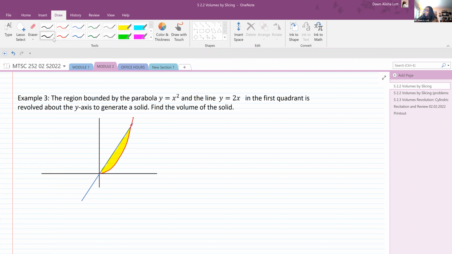It says this region in the first quadrant, so I only know that they want that part, is revolved about the y-axis. If it's revolved about the y-axis, I already know I'm going to pick a y. There's my y. And then I'm going to have the same picture on the other side where it is revolved to.